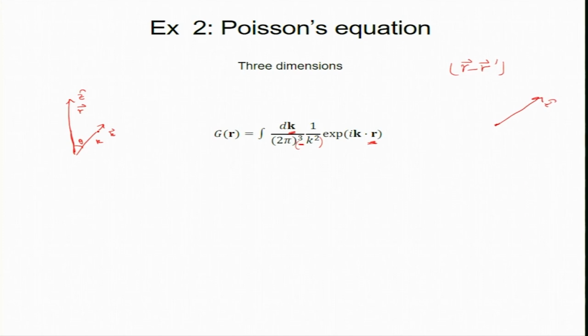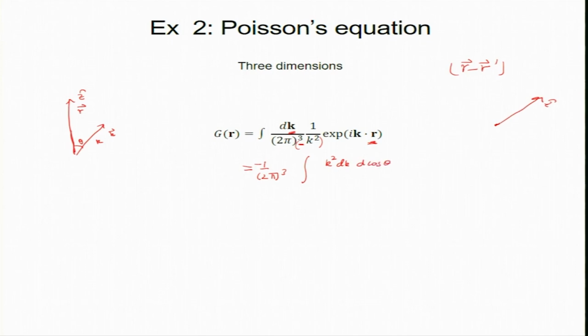In fact, not on a sphere, k goes from 0 to infinity, the magnitude of k. So 1 by 2 pi cubed, the minus sign I keep outside, and the integral. Now d cubed k is k squared dk d cos theta d phi.